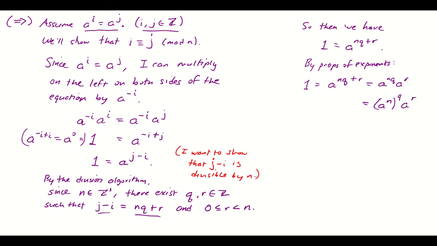But now look again. We know that a has order n, so this a to the n here is going to be the identity. So what I have there is just one big power of the identity, 1 to the q times a to the r. And any power of the identity is just the identity, so a to the r is all we have there. And in the meantime, the left side of that equation was 1, so now I know one equals a to the r. But now wait a minute.